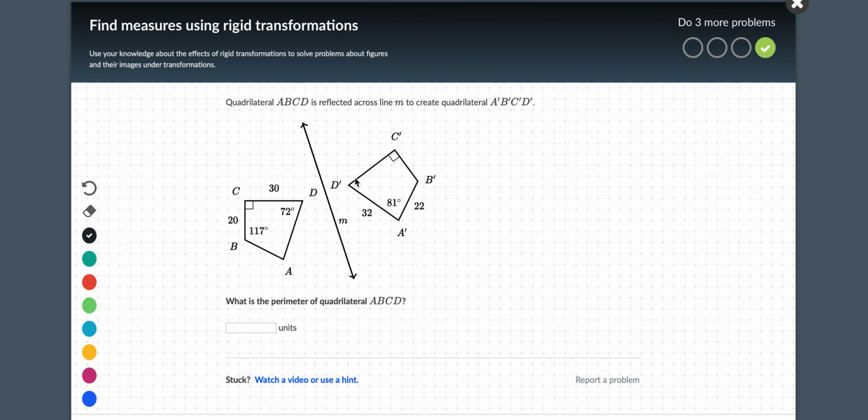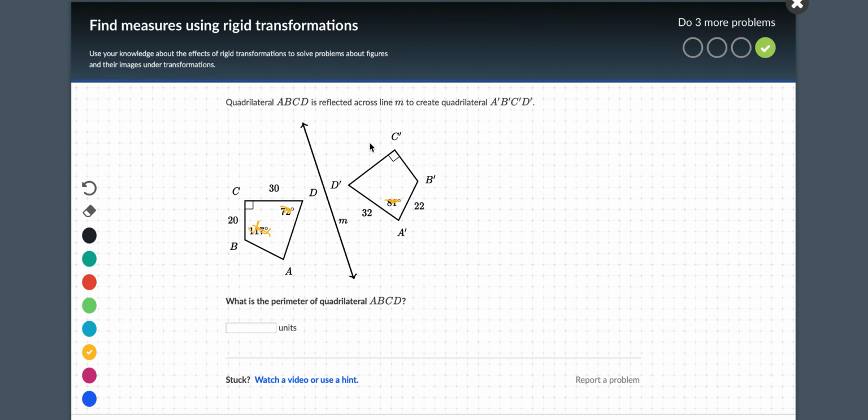Okay, so for this one, you can pretty much ignore all these. Actually, don't ignore the A and B, but you can pretty much ignore all these degrees unless you're finding something that involves them. They're really not necessary. So let's just add all the information this shape gives us onto this shape.